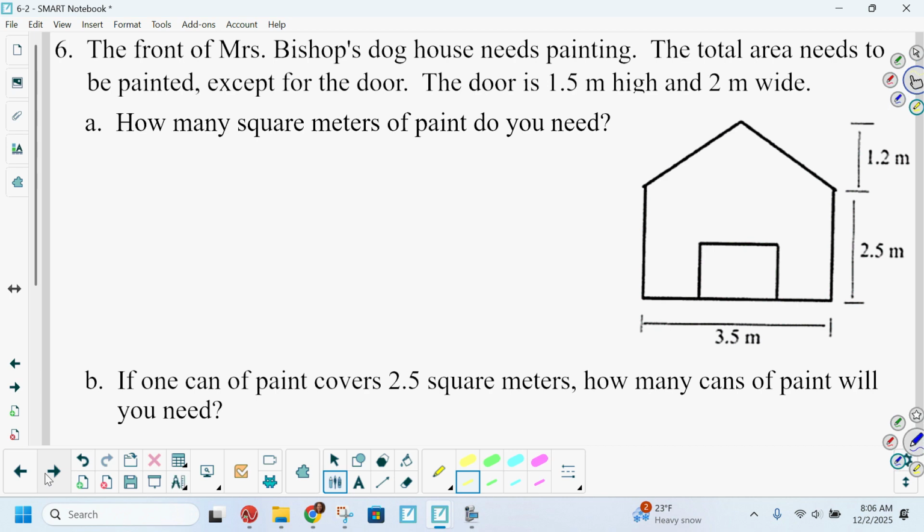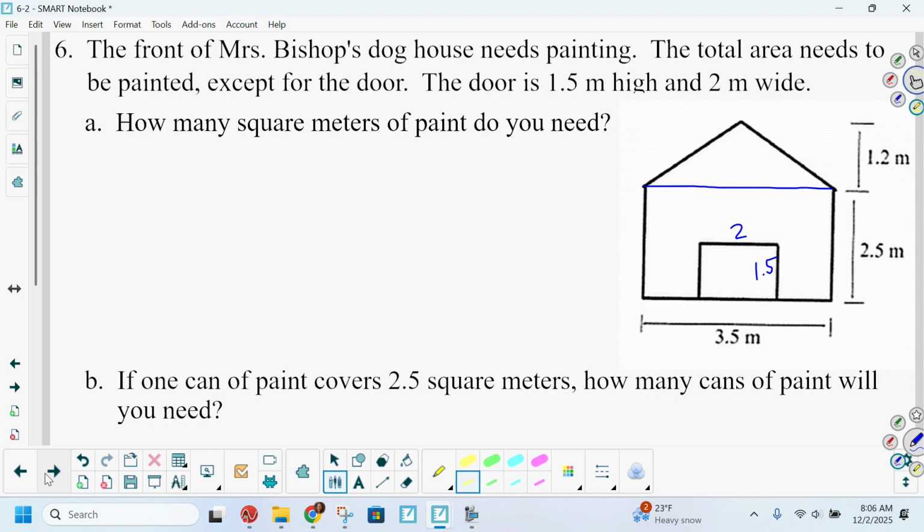All right, number 6. The front of Mrs. Bishop's doghouse needs painting. The total area needs to be painted except for the door. The door is 1.5 meters high and 2 meters wide. How many square meters of paint do you need? As I look at this, I'm going to break it up into a triangle and a rectangle.